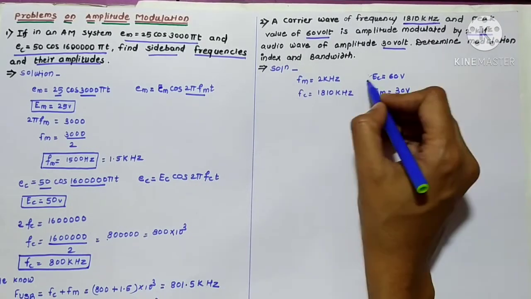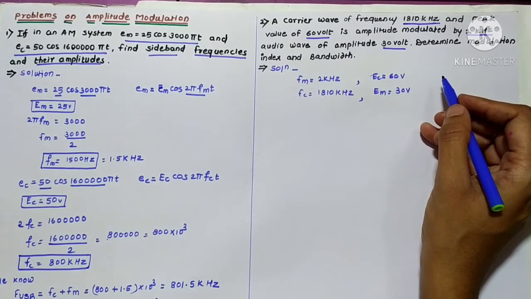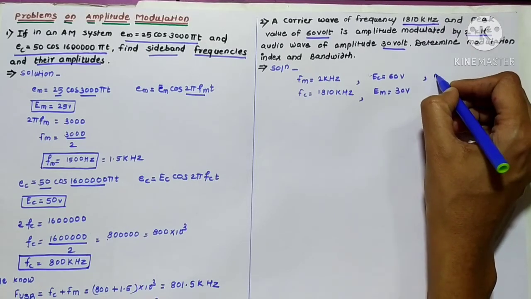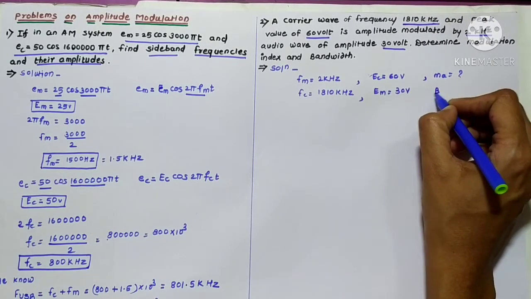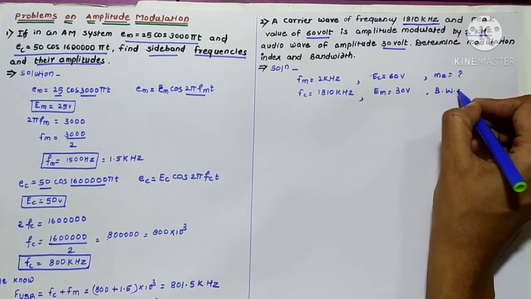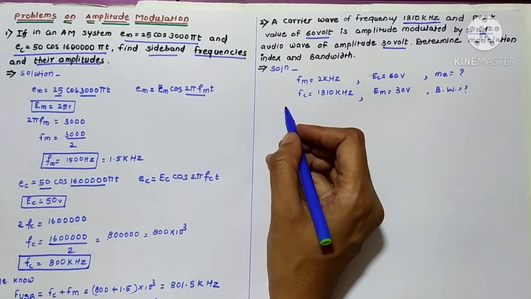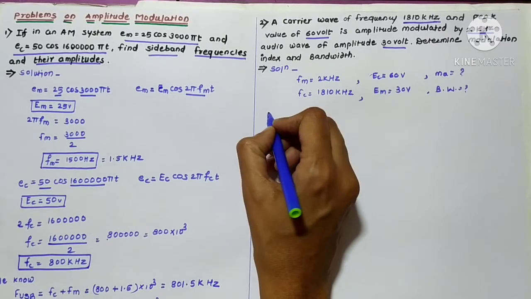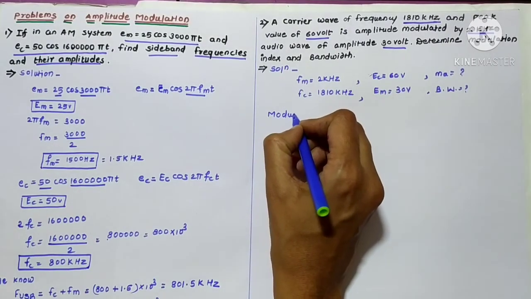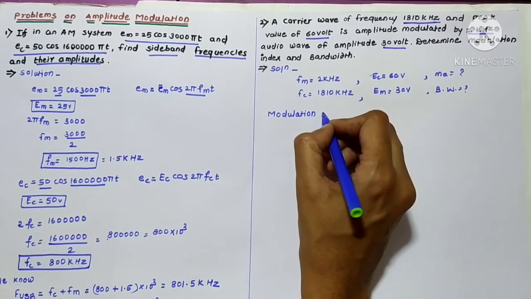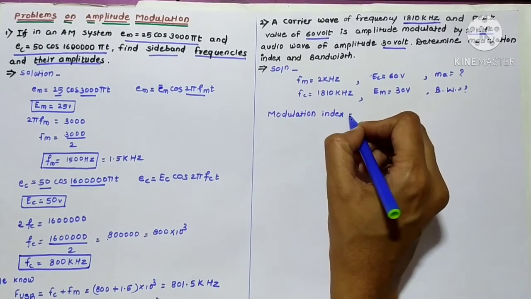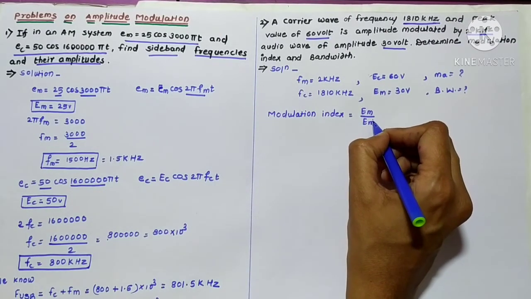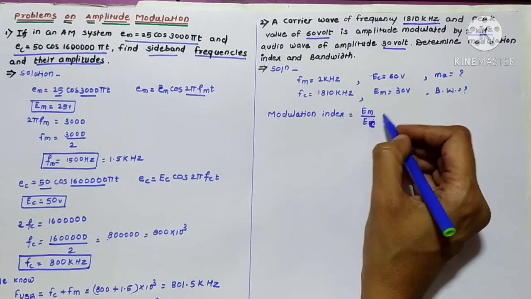What do you have to find out? You have to find out the modulation index and bandwidth of the AM signal. Now all of you know that the formula to calculate the modulation index is the ratio of the amplitude of the modulating signal to the amplitude of the carrier signal, that is Em upon Ec.